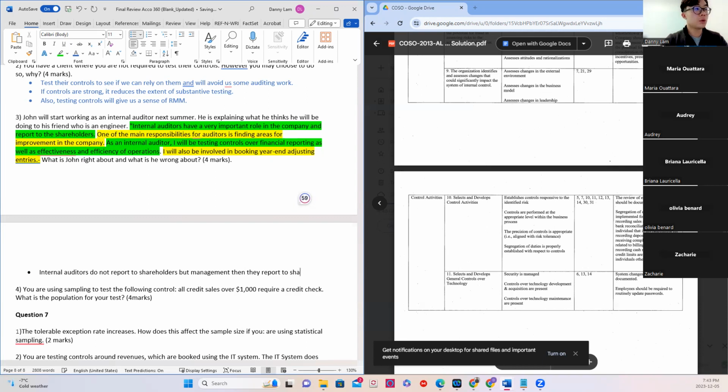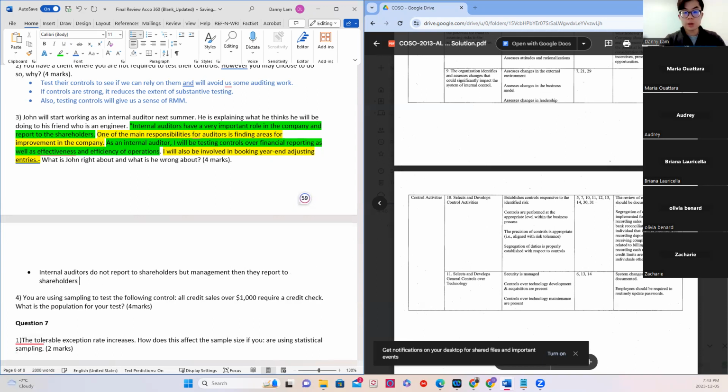So who reports to the BOD, guys? There are two entities: internal and external auditors. External auditors, yeah, because the BOD is the one hiring the accounting firm to do the audit. But no, internal auditors report to management, and then management reports to the shareholders.